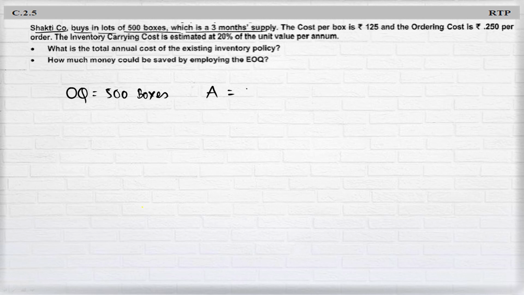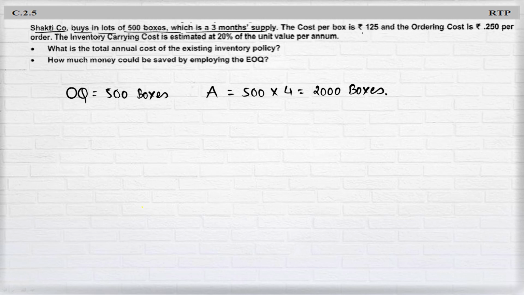So it is 500 into 4, which is 2000 boxes. You purchase 500 boxes for 3 months, again 500 for 3 months, again and again. Your total annual requirement will be 2000 boxes.